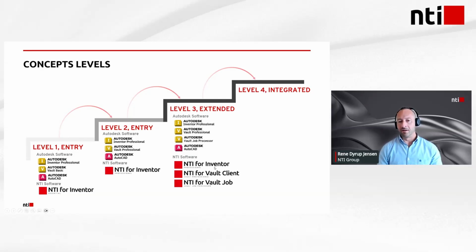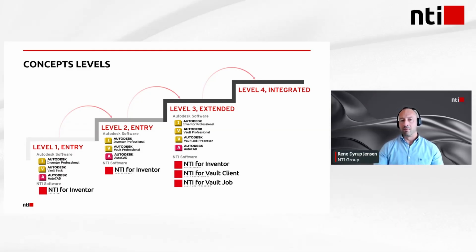And with a more extended solution, we will add the job processor, and with that also the usage of lifecycle state transitions, like you will use the lifecycles inside Vault. And with that, we will add the NTI for Vault client and the NTI for Vault job as part of the solution.